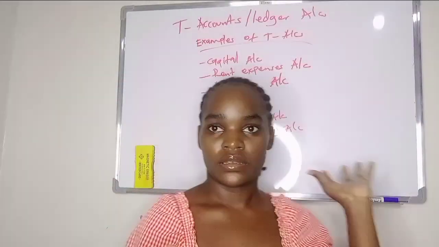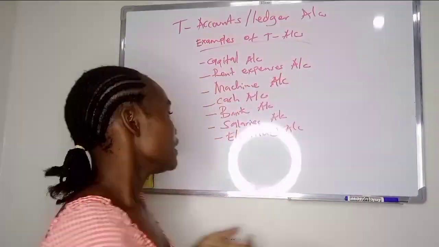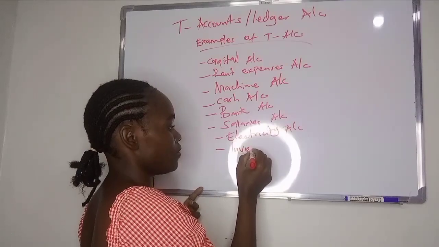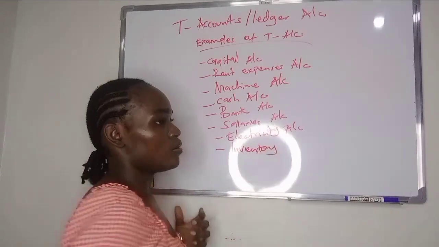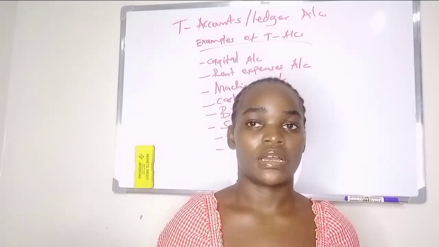They are very many, but these are some of the examples of T accounts. Inventory, like they are very many. All the transactions that you can think of. Those are examples of T accounts.